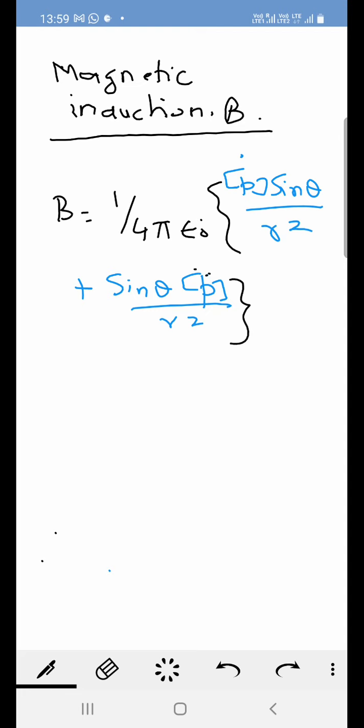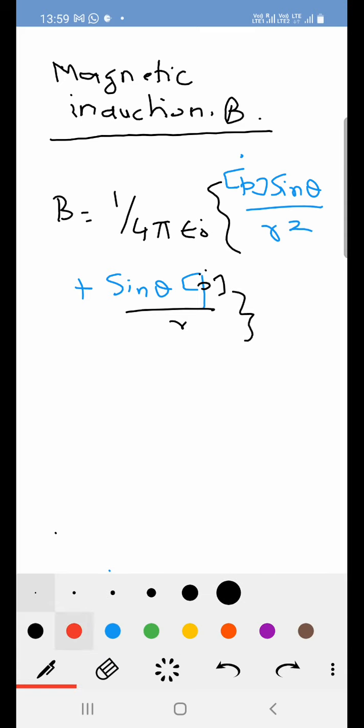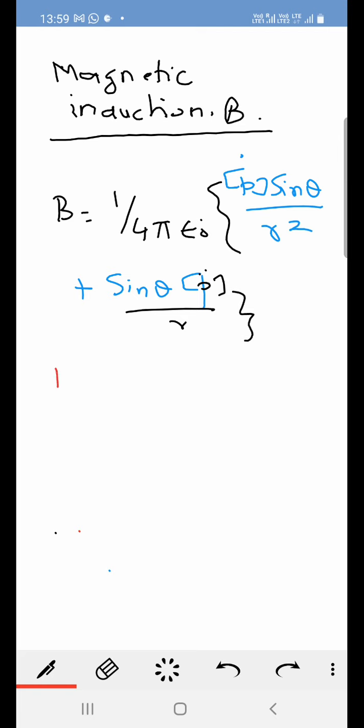Again, as in the case of scalar potential, we can see that the value of B varies as sine theta.